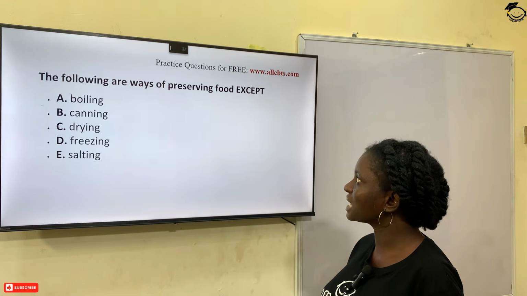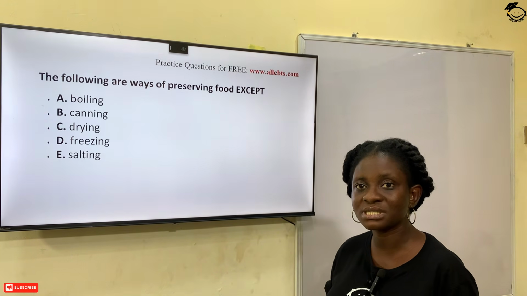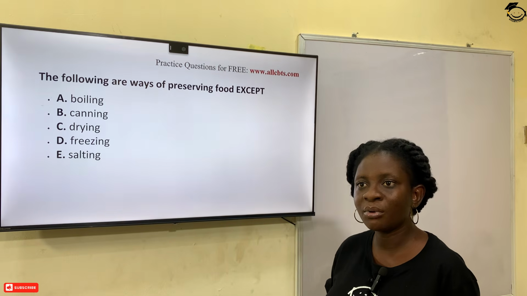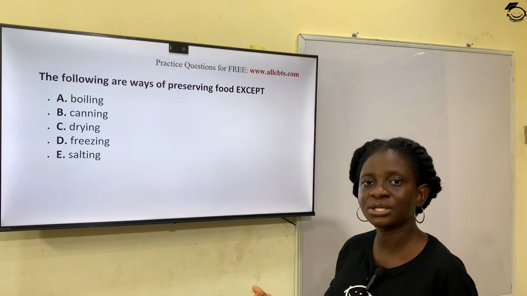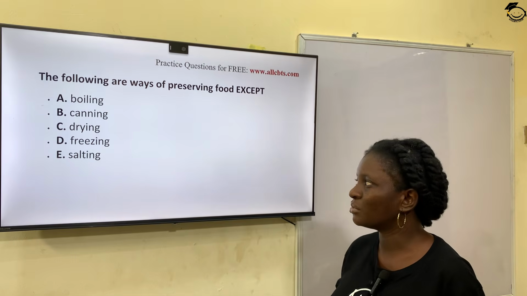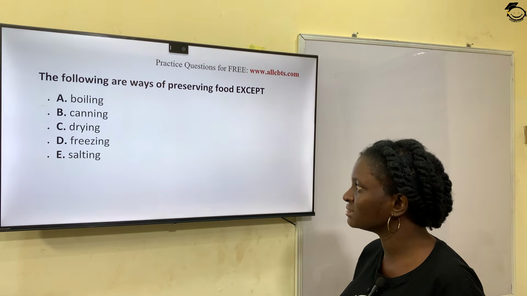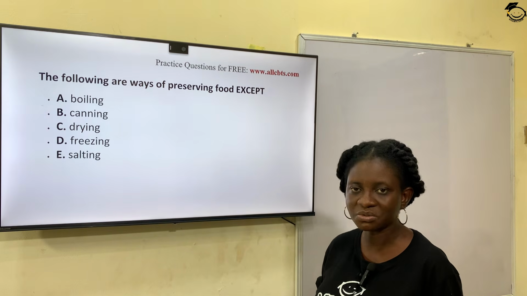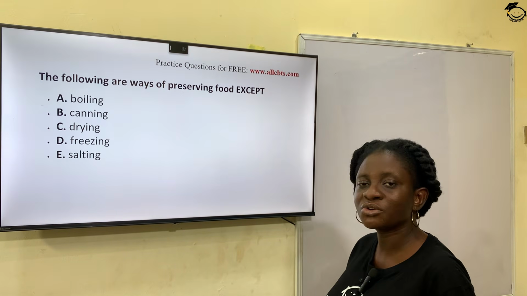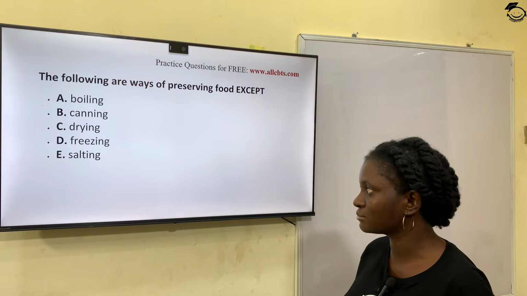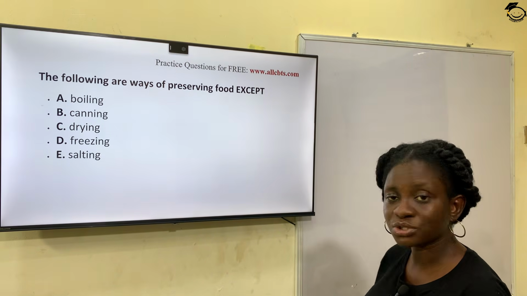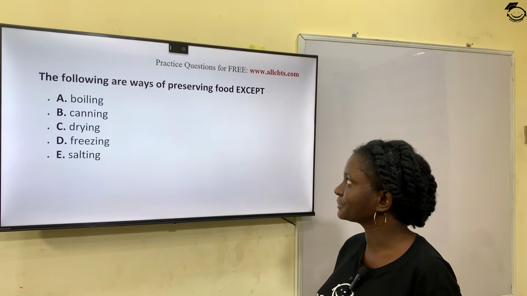The following are ways of preserving food except boiling. Boiling can kill germs temporarily, but not for long-term preservation. But canning, drying, freezing, and salting are ways of preserving food for long-term storage. That makes option A the correct answer, boiling.